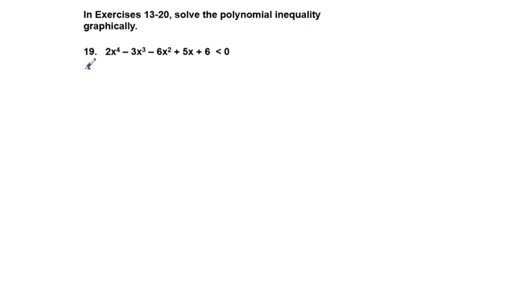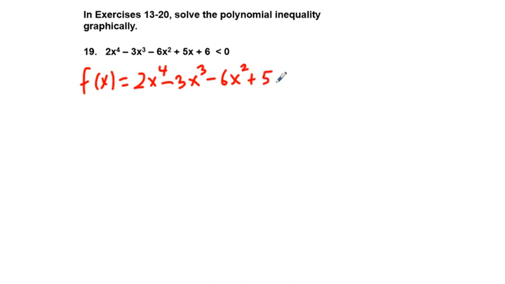So we're going to look at the function f of x equals 2x to the 4th minus 3x cubed minus 6x squared plus 5x plus 6. And wherever the value of this function is less than 0, that's going to be our solution set.